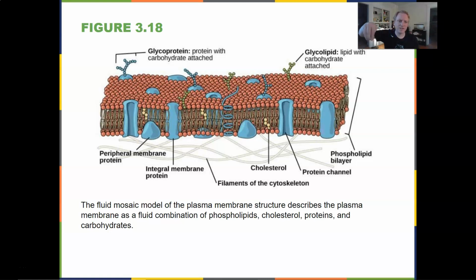Fluid mosaic. They move around inside this lipid bilayer. It's not static. Those glycoproteins, cholesterol, and integral proteins are all able to move around the lipid bilayer. That's the fluid mosaic model.